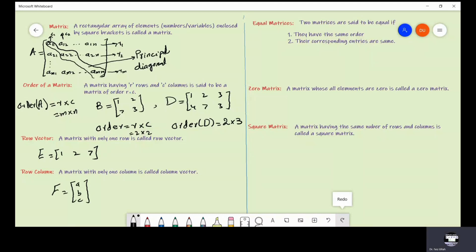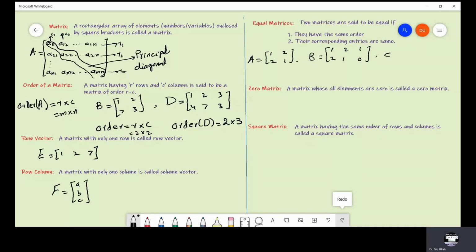Equal matrices. Two matrices are said to be equal if they satisfy two properties. The first property is they have the same order. The second one, their corresponding entries are the same. Let us write an example in which we have a matrix A. In matrix A, there are 1, 2, 2, 1. Let us write another matrix B. In matrix B, we have 1, 2, 1, 2, 1, 0.